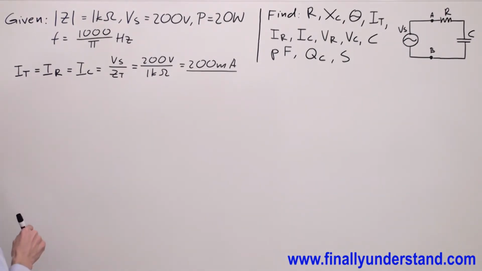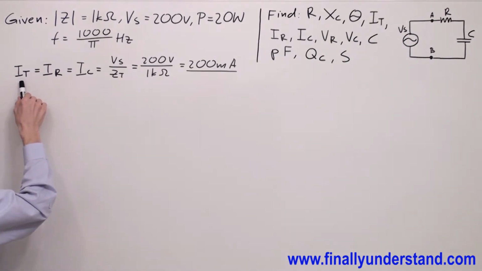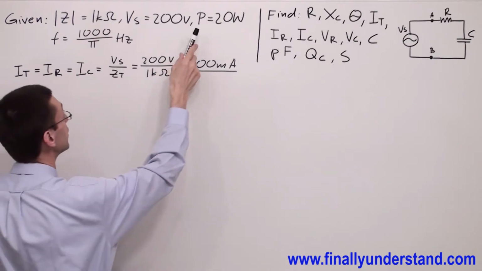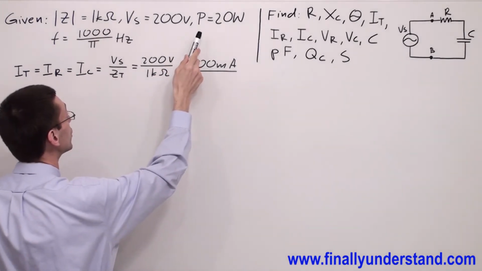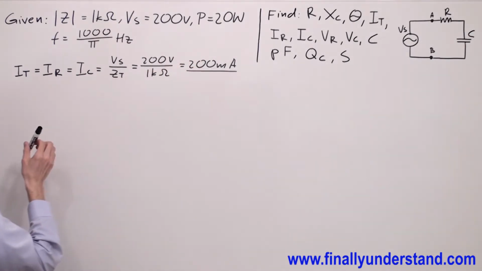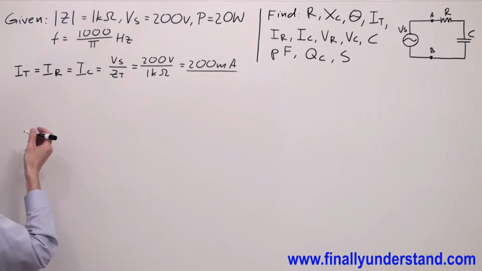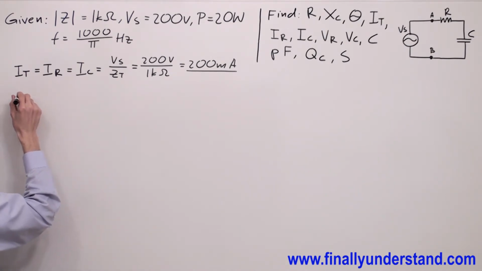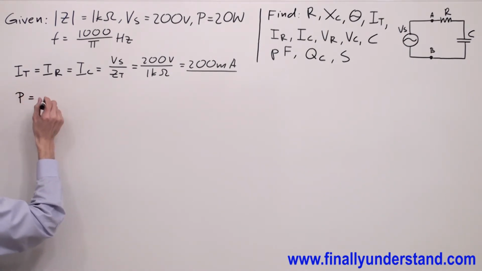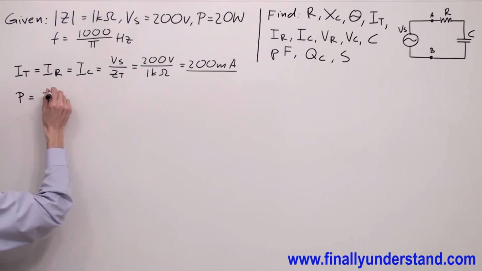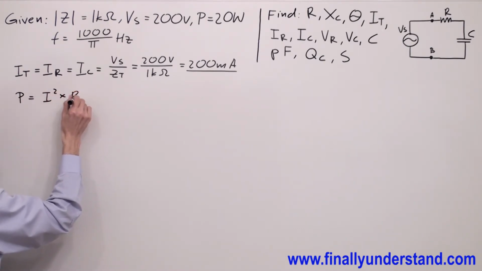Next, because I have current and I have the given power at the resistor, I can find the resistance, because the formula for power says that power is equal to I squared times resistance.